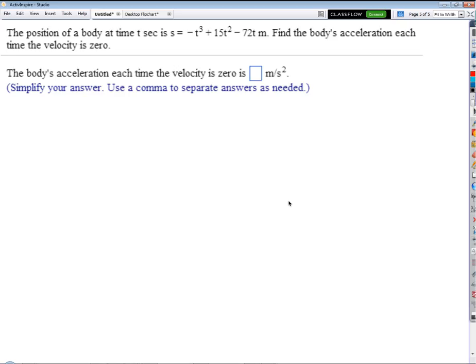Now the other part of the question is what they're really asking for: the acceleration at each of those 2 times. So what do I have to do to find acceleration? Think back. How's acceleration related to velocity? It's a derivative. So I go back to my velocity function and differentiate again to get acceleration, then plug those numbers in.